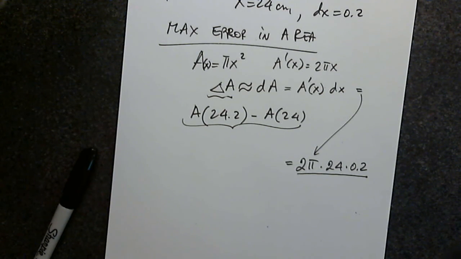The other one will be 2 times pi times 24 times 0.2, and this is what the derivative gives, the differential. So this is A prime of x dx, and this is the exact. And I think that they are close enough.